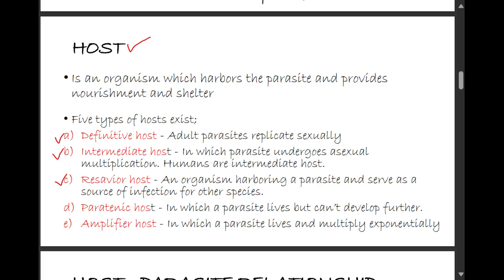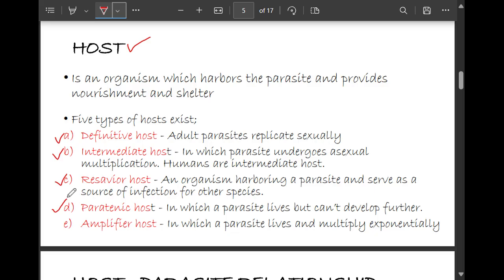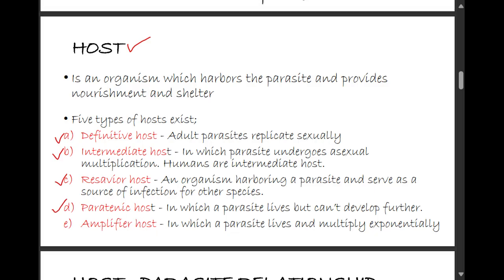Then we also have the paratenic host. This is a host in which the parasite lives, but it can't develop further, and it is not even essential for its life cycle.